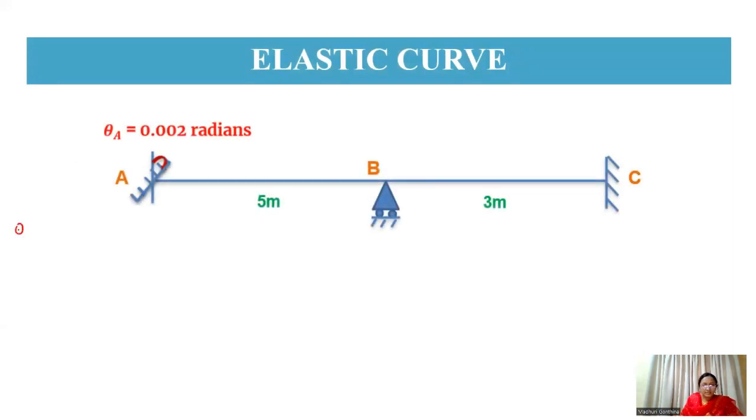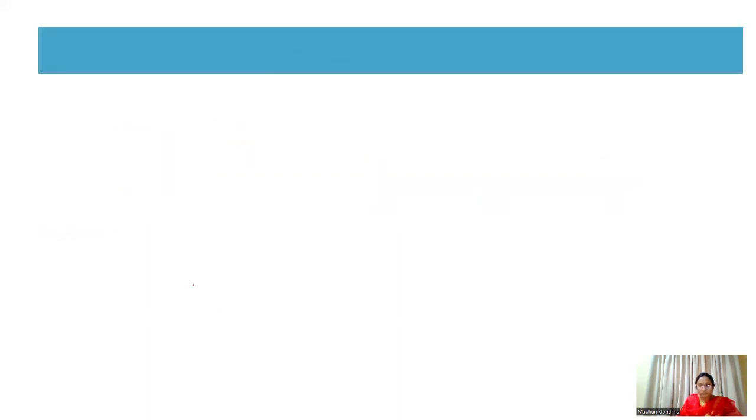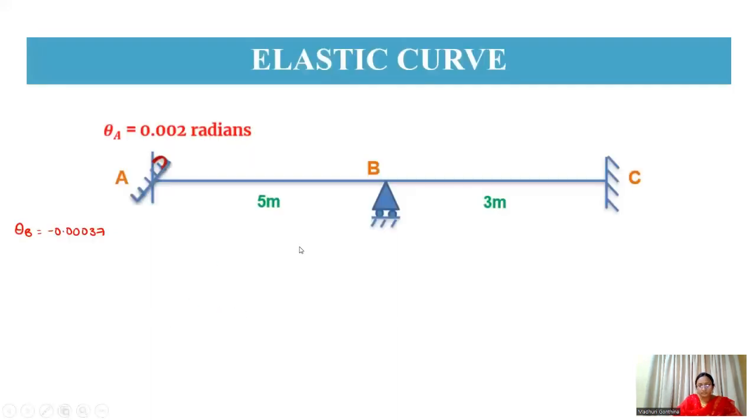Since theta B, you got it as minus 0.00037, the elastic curve will be as follows.